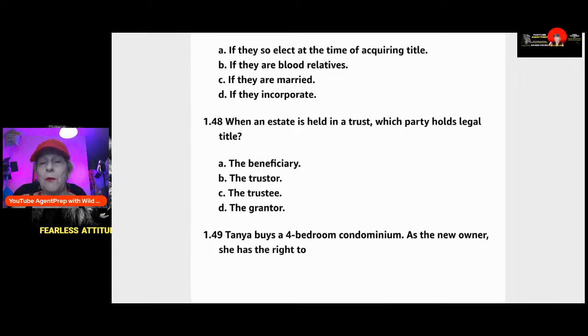The trust may be created by a deed, a will, or a trust agreement. So usually we use the trustor instead of the grantor, but the grantor and the trustor are the same. It depends on whether it's a will, a deed, or a trust agreement.